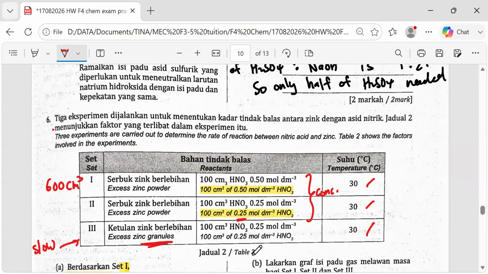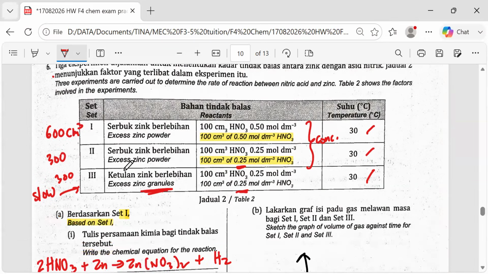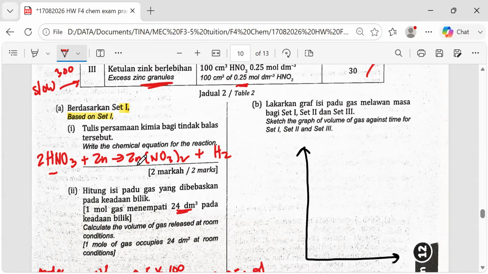But the volume of this and this is the same, or half. Half. This one will reach 300, this one reach 300. But who is the fastest? The first one. The second is slower and half. The third one is slowest and half. You understand?